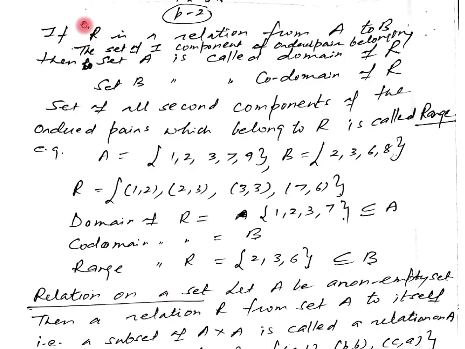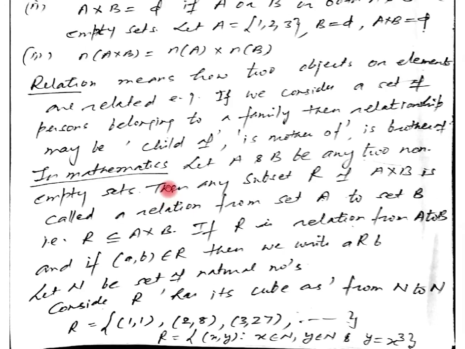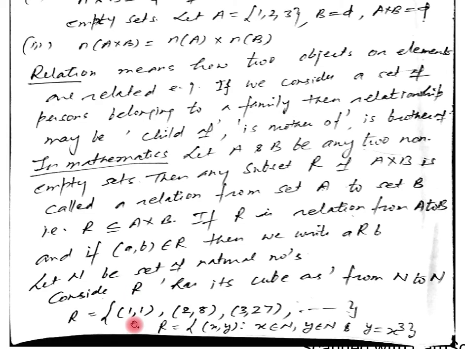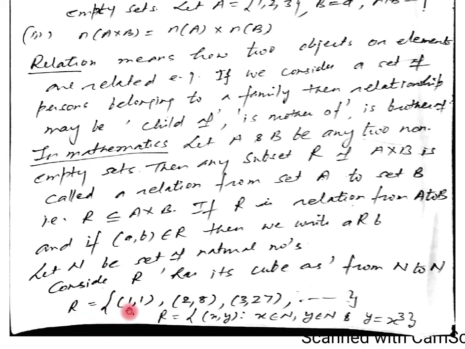Therefore, the elements in R will be (1, 1), (2, 8), (3, 27), because our relation has been defined as 'is the cube of' from N to N.